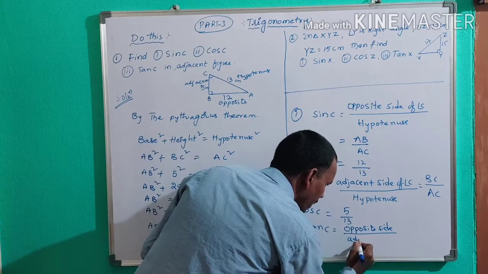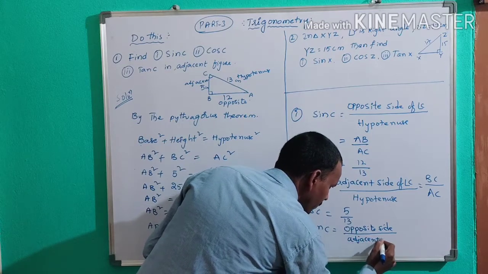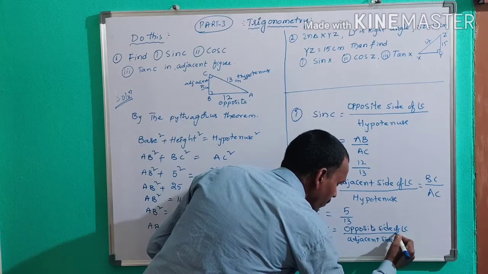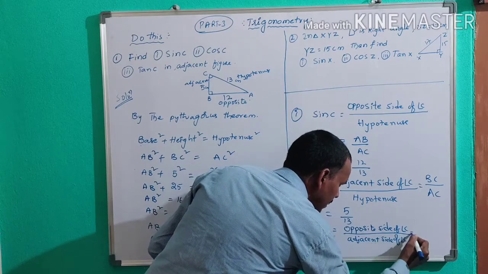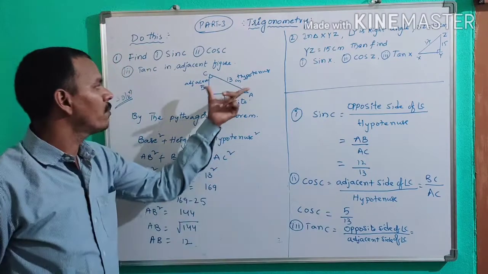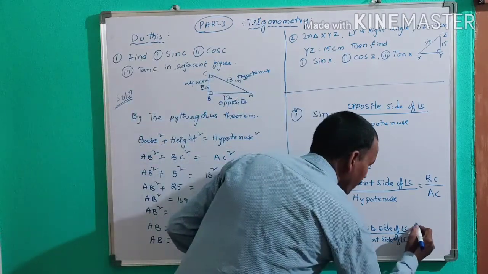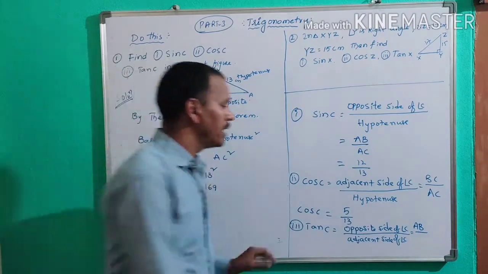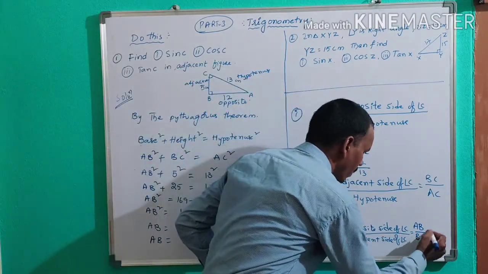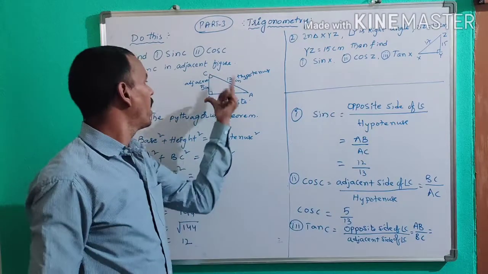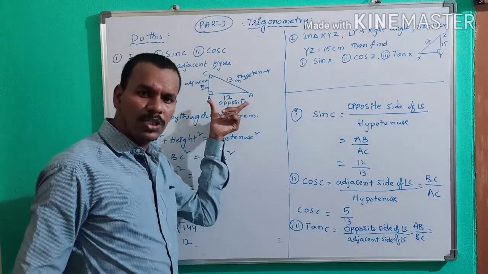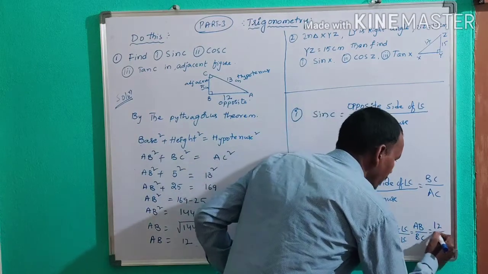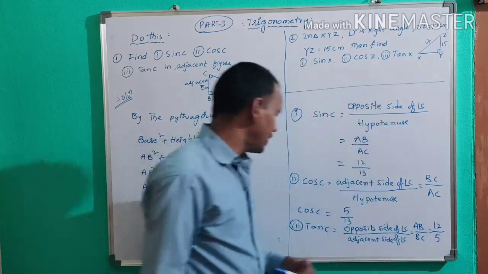What is the opposite side? AB. By what is the adjacent side? BC. So here AB by BC. AB is equal to 12, and BC is equal to 5. 12 by 5, it is that tan C.